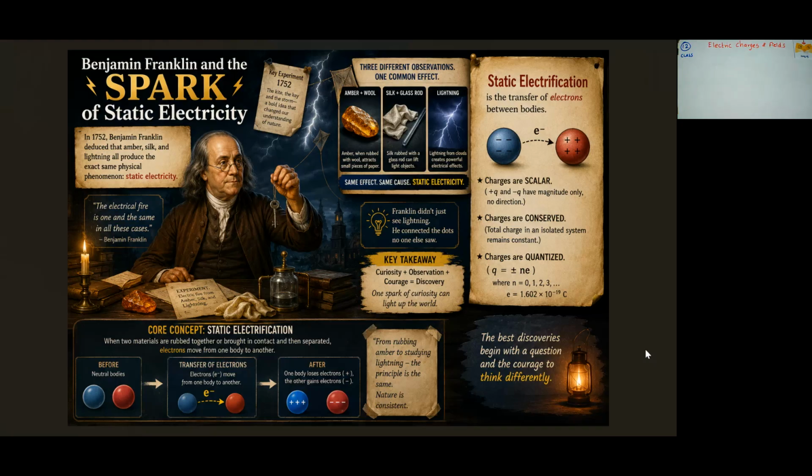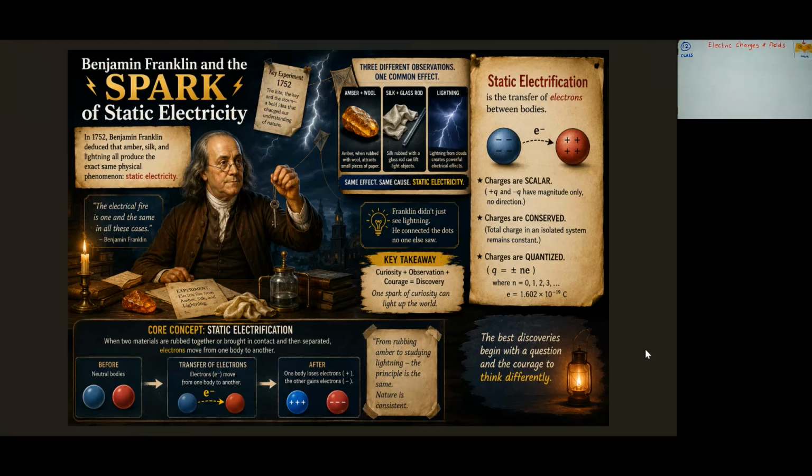So Franklin realized that matter does not create electricity out of nowhere. Rather, objects contain electric charges that can be transferred from one body to another.